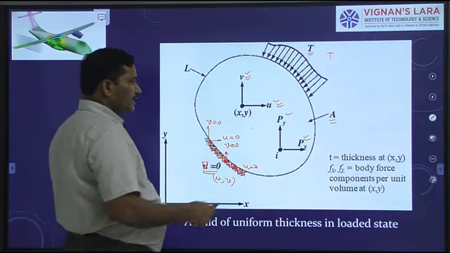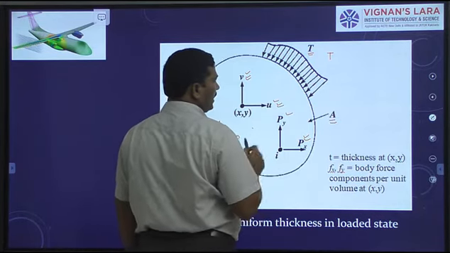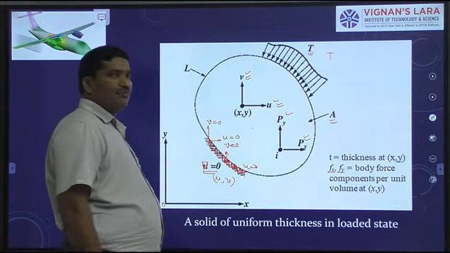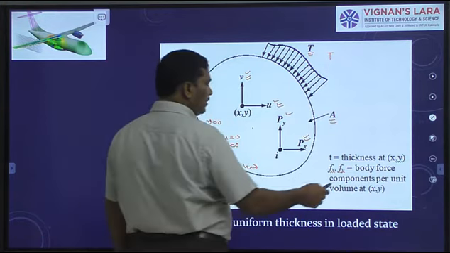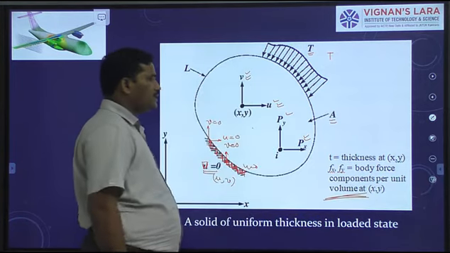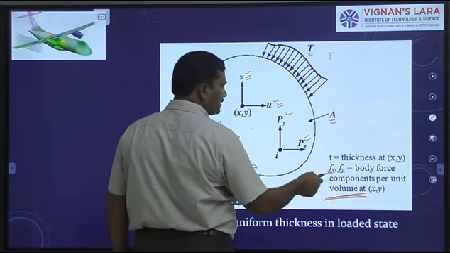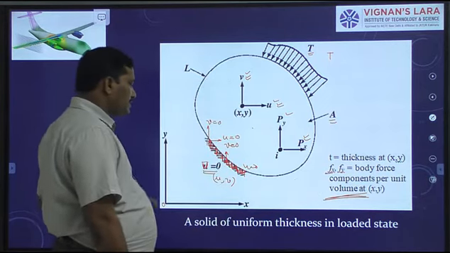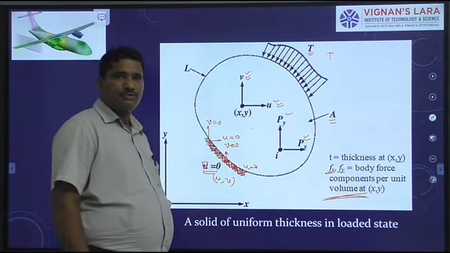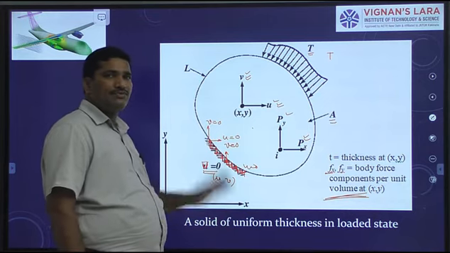Here t is the thickness of this object, and Fx and Fy are the body force components per unit volume. Fx is the body force acting in the direction of x, and Fy is the body force acting in the direction of y.